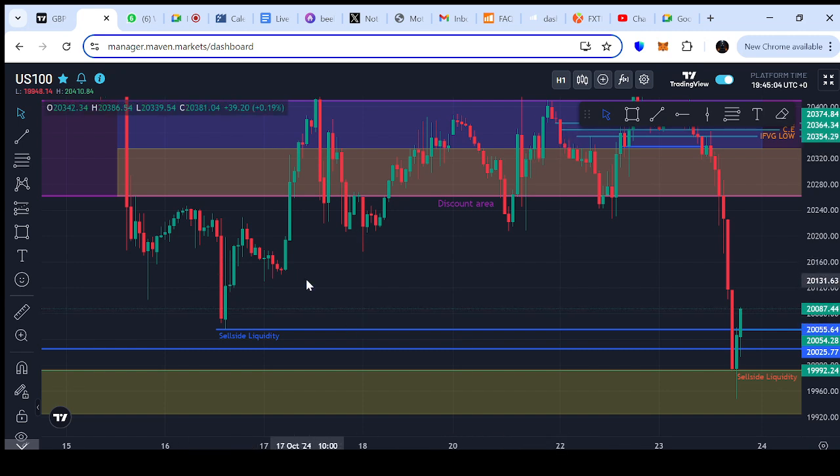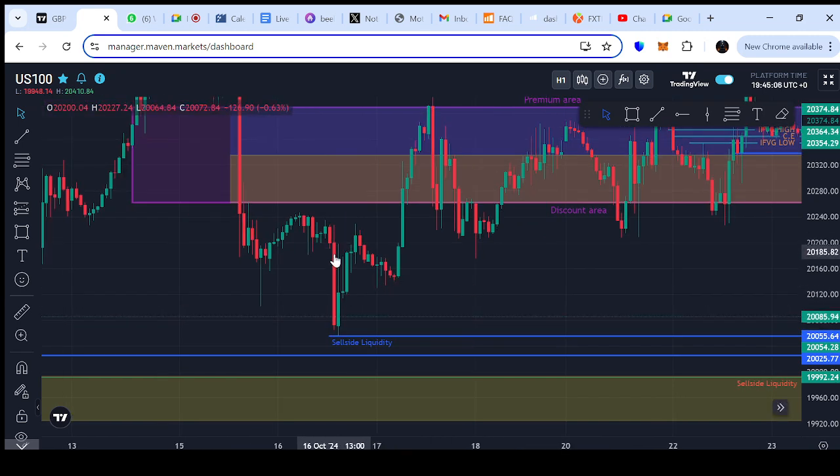So how do you get the breaker itself? You can measure out the half of the breaker, the 50% of the breaker. You can still use your Fibonacci. In any PD array that you want to get the 50%, use your Fibonacci. Here is your Fibonacci, this is how you anchor it. You anchor from the high of the whole body, the high of the wick, to the low where it closed.